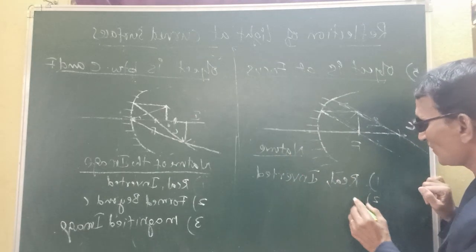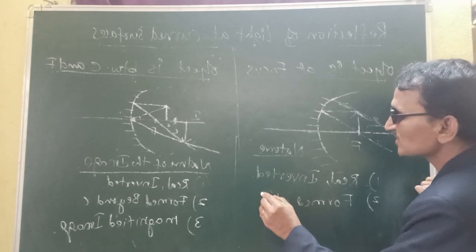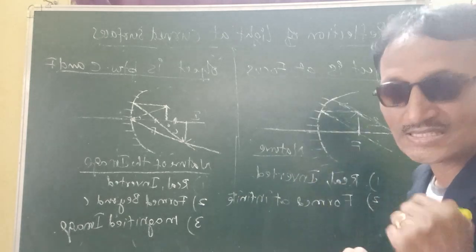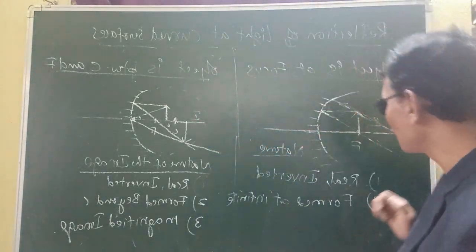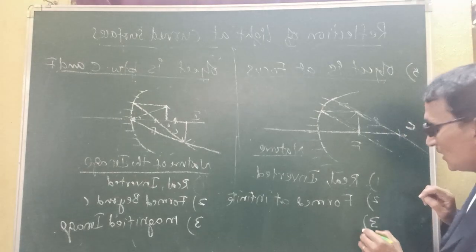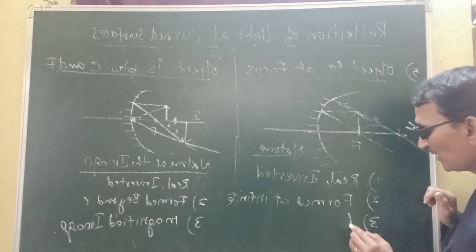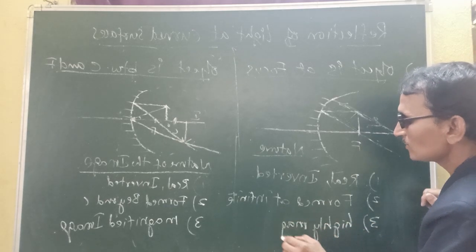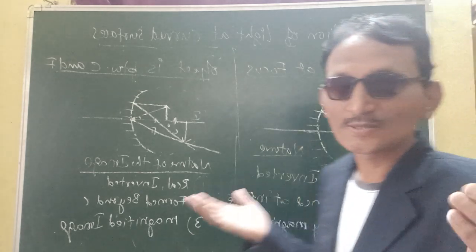And it is formed at infinity, at infinite distance, because the object is at focus. It is a real inverted image formed at infinity distance, highly magnified. Very big size.